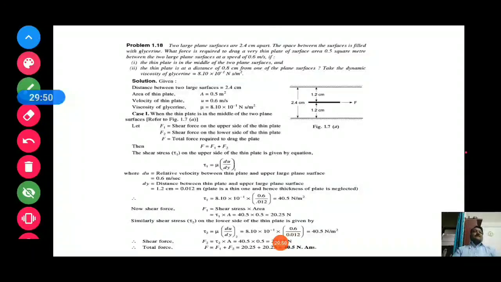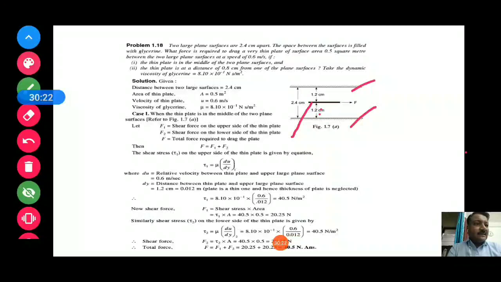Now firstly we have to solve this problem for two cases. Firstly try to understand what the problem is. So there are two plane surfaces, and in between these planes there is a plate having an area of 0.5 meter square.